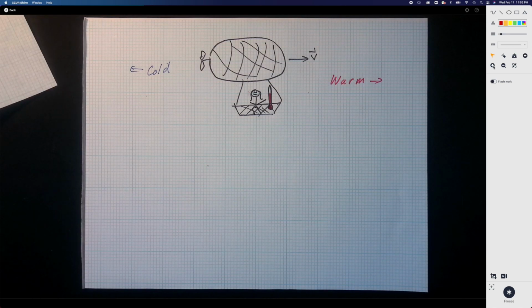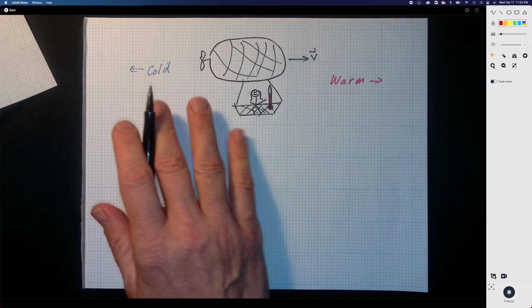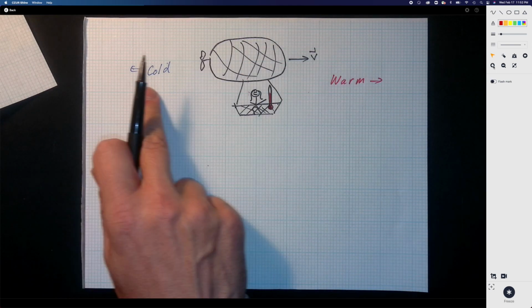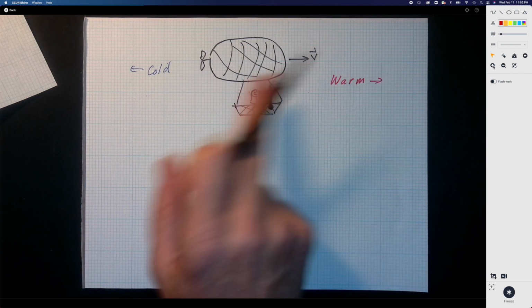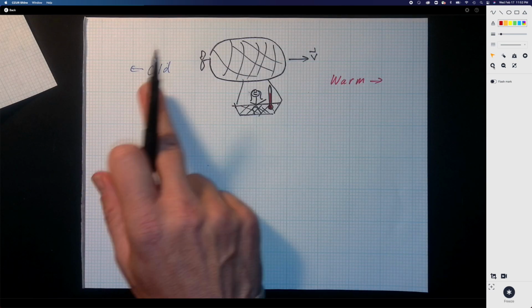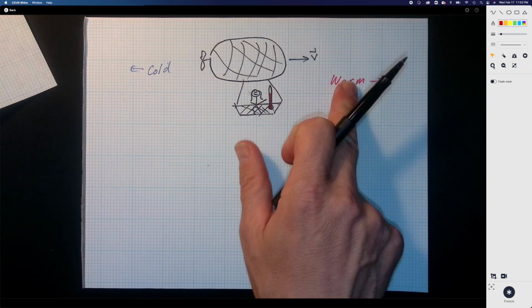So let's imagine in the first case that the air is still, but there's a temperature gradient from cold to warm in the atmosphere, and as she's flying through the atmosphere, she's going to also measure a rate of change of temperature, even though the temperature is not changing with time. It's going to be because her position is changing and she's moving from a region of cold to warm air.